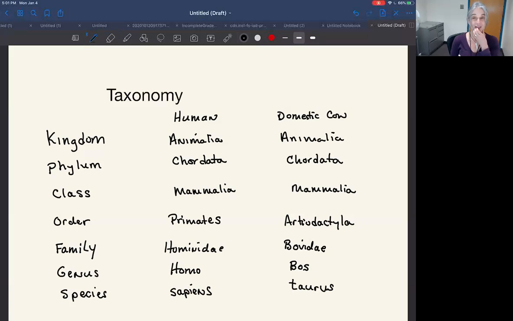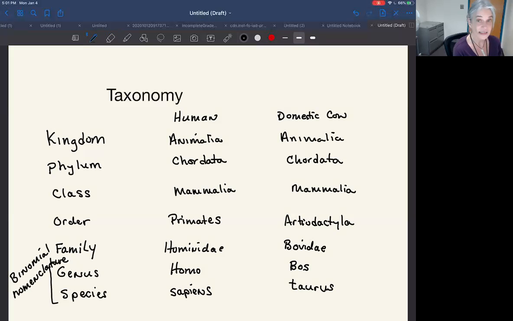Okay, so one useful thing about this taxonomic classification are these two words right here. So the genus and the species can be combined to form the binomial nomenclature. So this is my two names, binomial nomenclature.